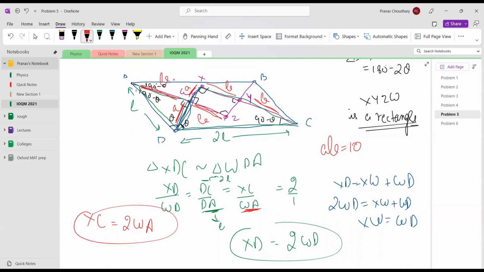A parallelogram is a symmetric thing, and a rectangle is a symmetric thing, so you try to find symmetries so that you can reduce your work. If you do not like the idea of symmetry, you can take similarity with triangles AZB and BYC, do the same thing inverted, and you'll get that WZ equals WA. Here, I'll just do it by similarity.